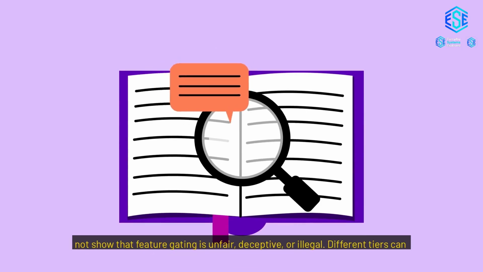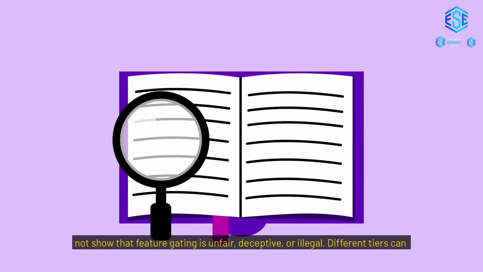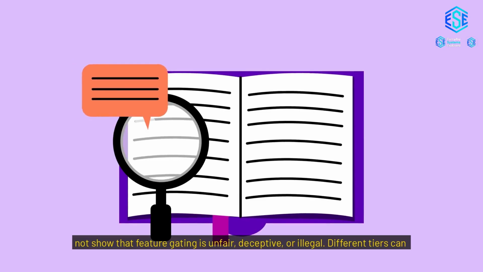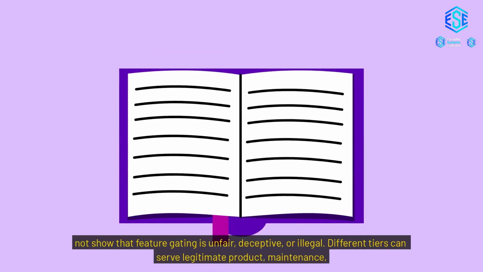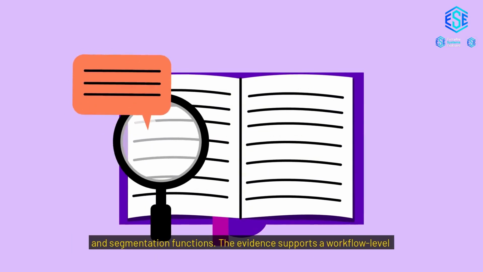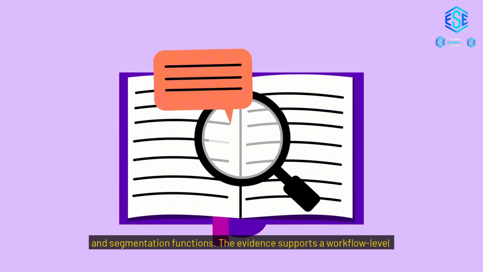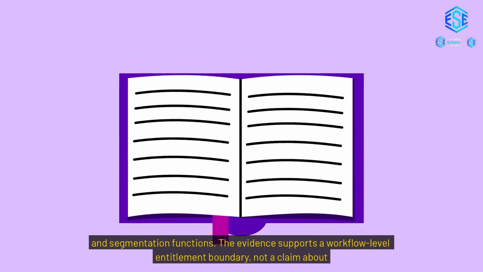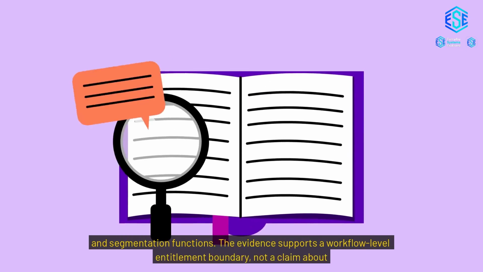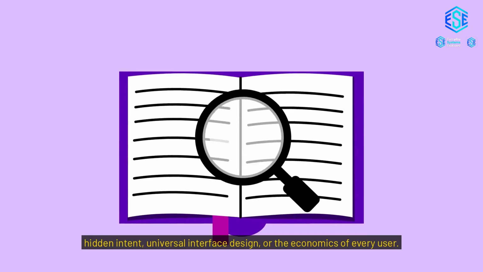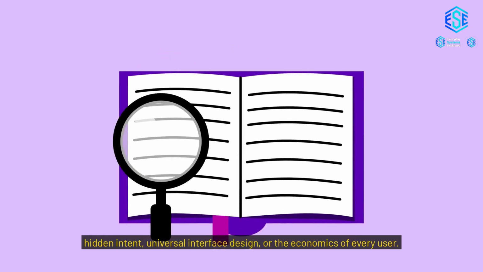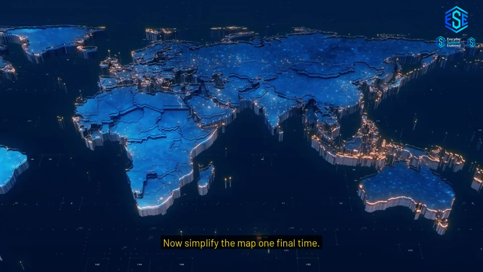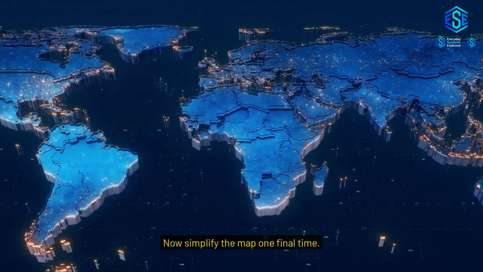It also does not show that feature gating is unfair, deceptive, or illegal. Different tiers can serve legitimate product, maintenance, and segmentation functions. The evidence supports a workflow-level entitlement boundary, not a claim about hidden intent, universal interface design, or the economics of every user. Now simplify the map one final time.